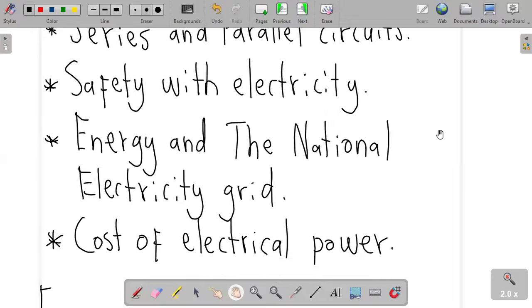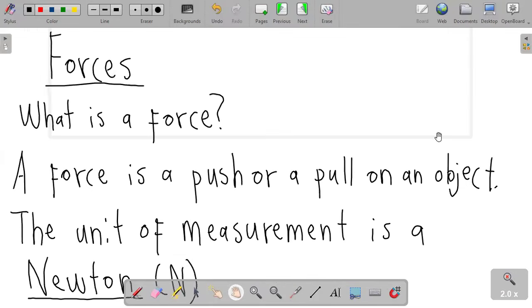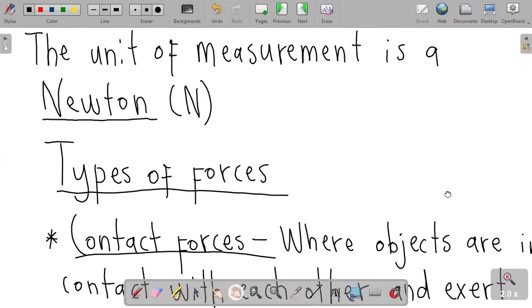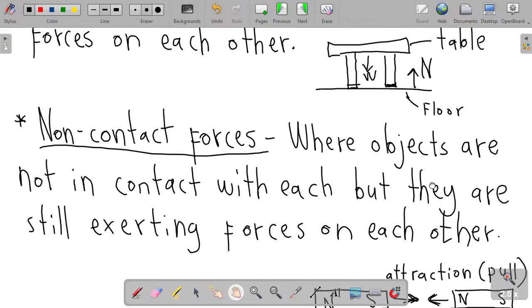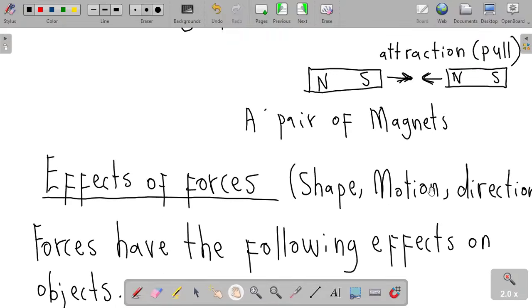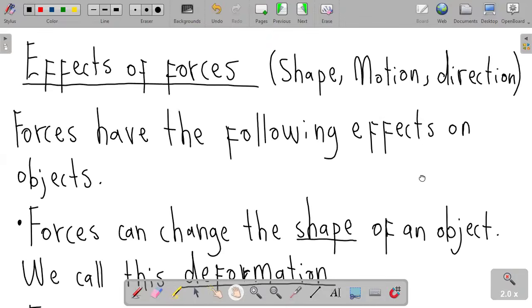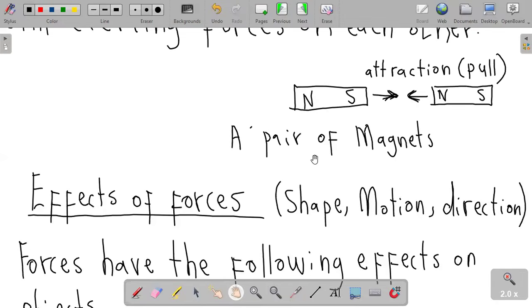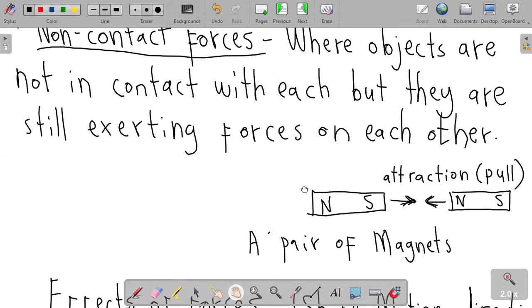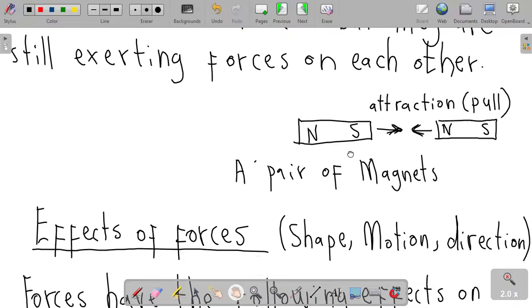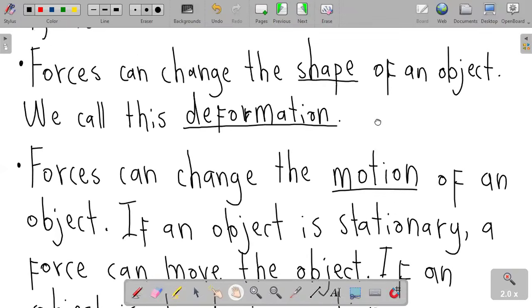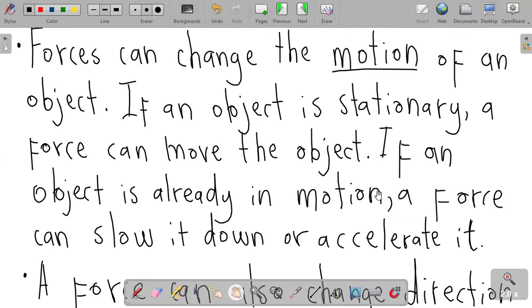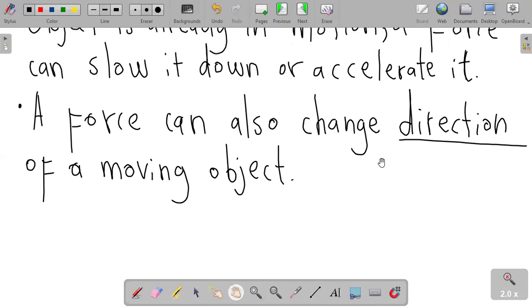So again, thank you for tuning in. I hope you tune in for lesson 2. And I will show you more examples of contact and non-contact forces, so you can be able to identify.